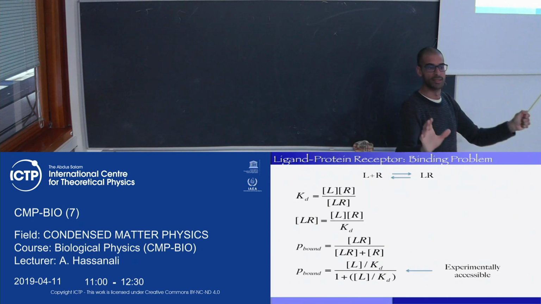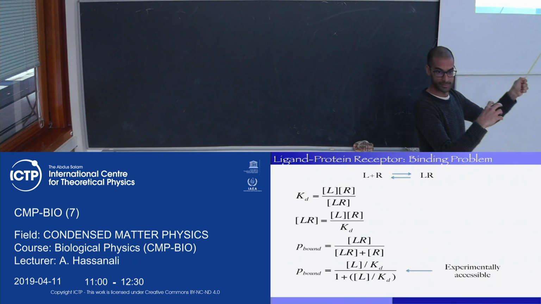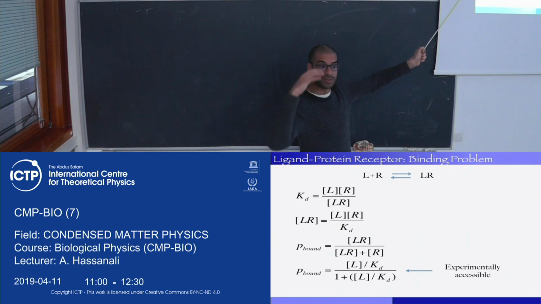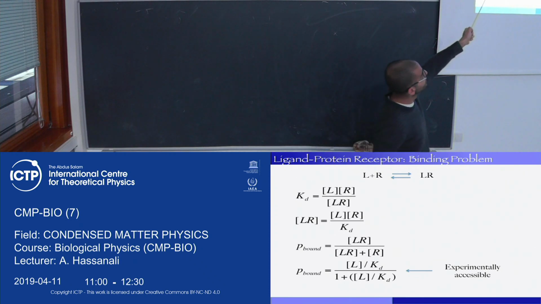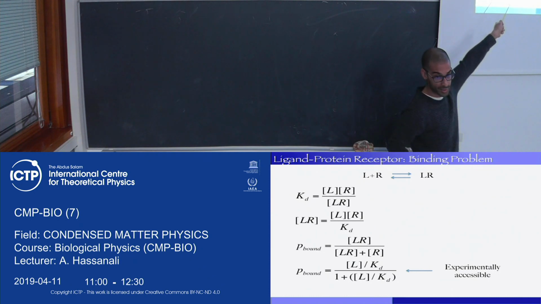So there's this equilibrium between L plus R and the complex. This is how the chemists or the experimentalists like to write this. So this is the dissociation constant. It's the ratio of the product of this concentration and that concentration divided by this.